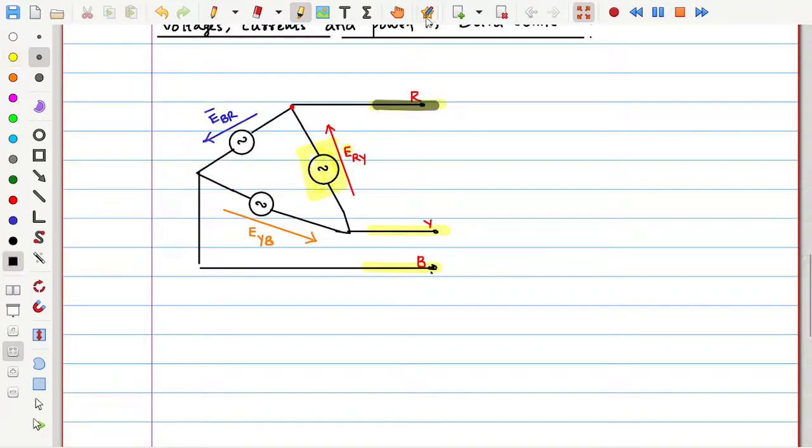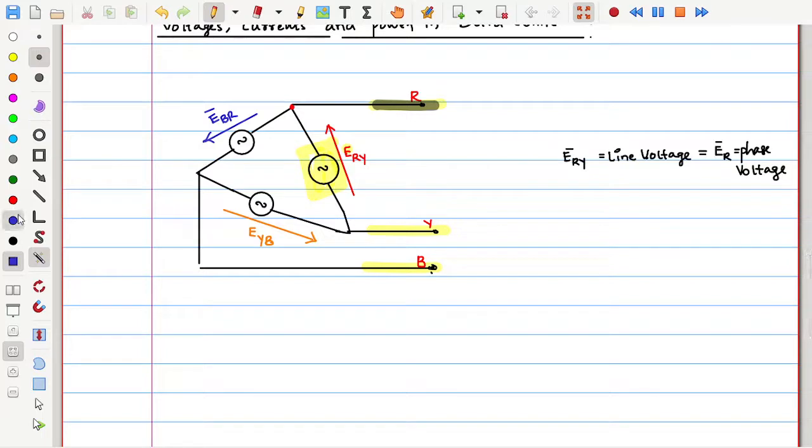That means in delta connected system, ERY, which is the line voltage, is equal to ER, which is the phase voltage. So just quite opposite relationship as that of the star connected system. Here the line and phase voltages are same. Then what about the currents?